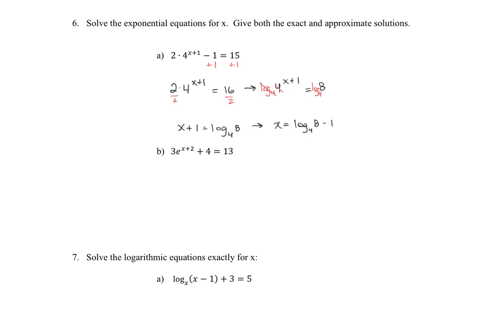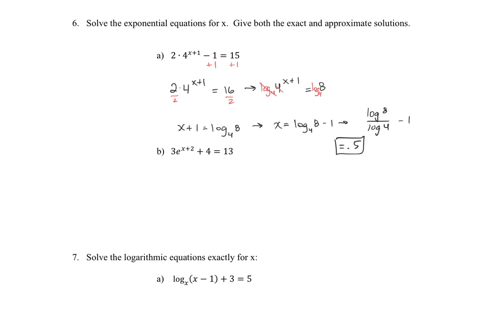So that's the exact form. The approximate solution will be found by doing a change of base formula using a calculator. So that's log 8 divided by log 4 minus 1, and that's exactly equal to 0.5.